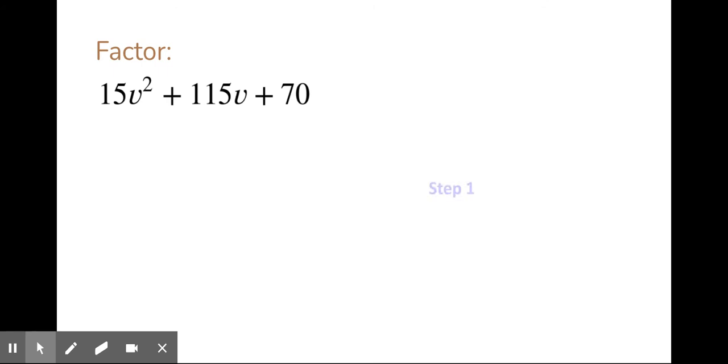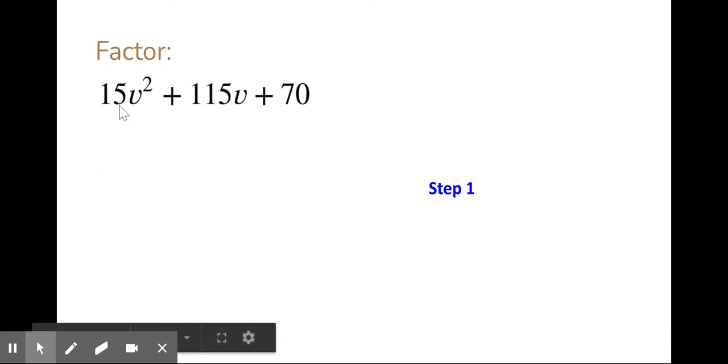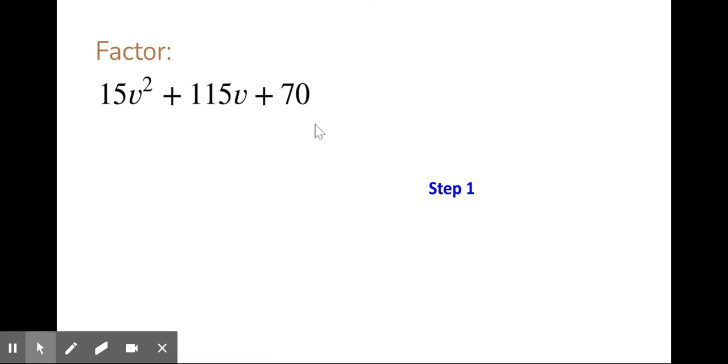So our first step is we need to find the greatest common factor. I suggest if you don't know what goes into 15, 115, and 70, just check the numbers 1 through 10 and find the largest number that goes into all three of these numbers. I see these numbers end in 5, so that's a good indication that 5 goes into all of them.